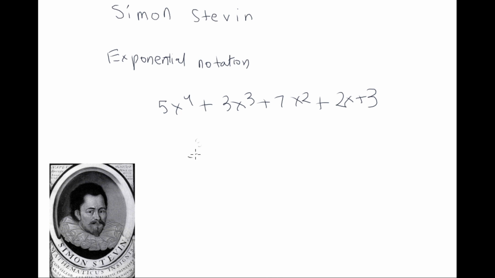However, it was written by Stevin as 5, 4 plus 3, 3 plus 7, 2 plus 2, 1 plus 3.